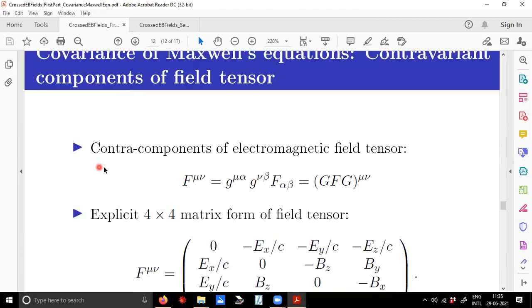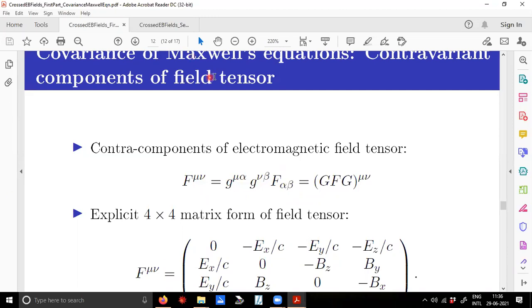Now, similarly, you can write both contravariant components, F mu nu here. So how do you write it? You have to write G mu alpha, G nu beta, F alpha beta. I know I want to have lowered indices. So to lower an index mu, I need G mu alpha, and then I write F alpha, first index. For the second index, I write G nu beta and write a beta here. These are all numbers.